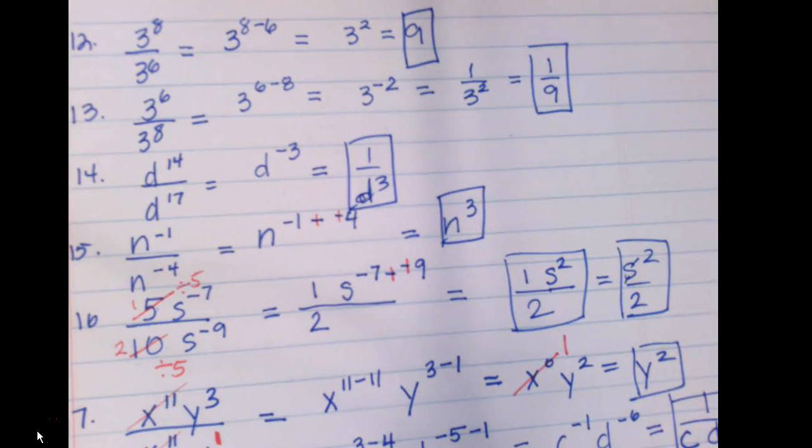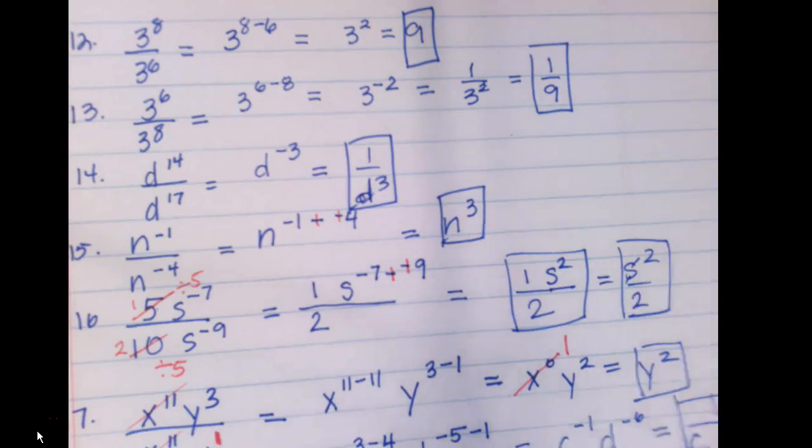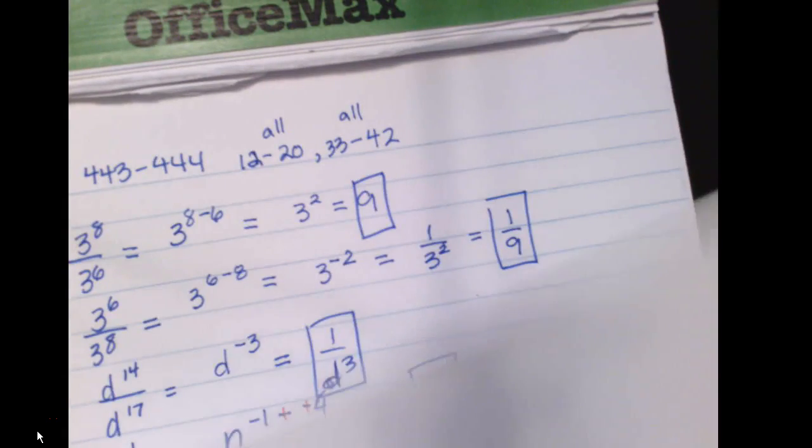Okay, so now I'm going to go and work on 33 through 42. So 33, and turn the page and let's write some things down. Make myself a note, 33 through 42.